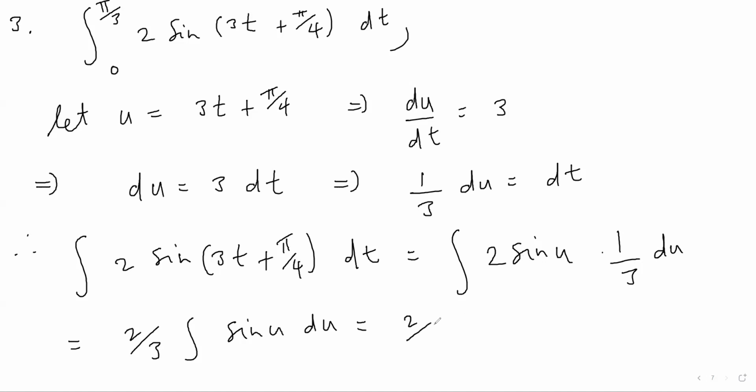So outside we got 2/3, and now we integrate sine u. What is it that you differentiated to get sine u? The derivative of cos u is minus sine u, meaning that to get a positive sine u, you differentiate minus cos u.